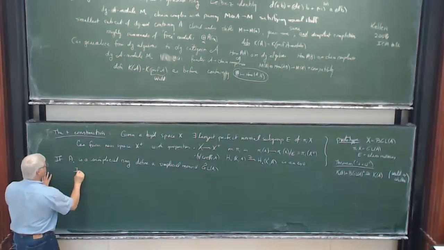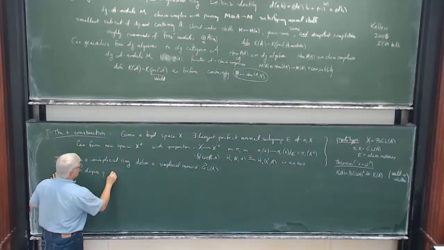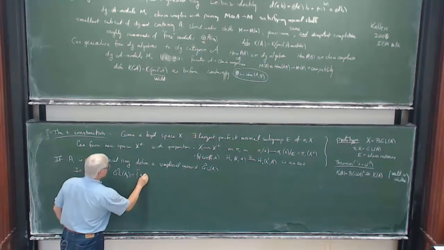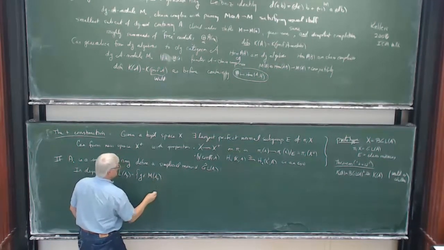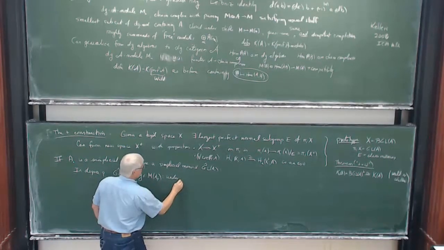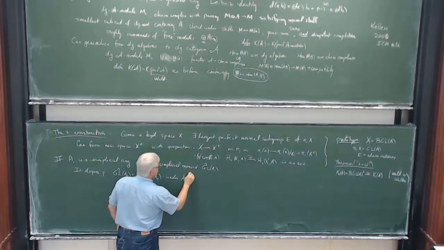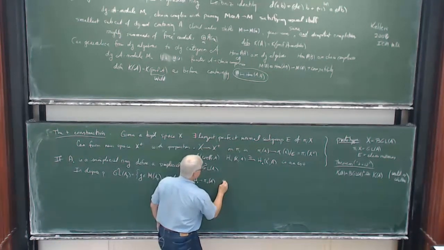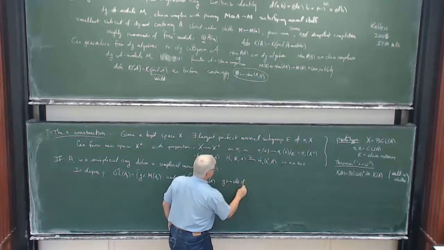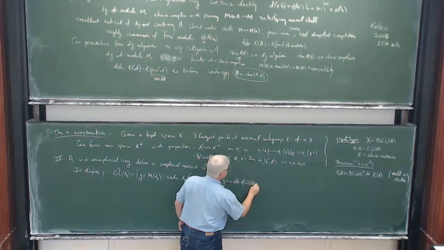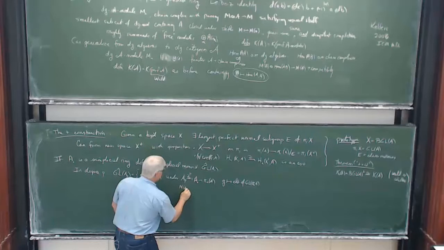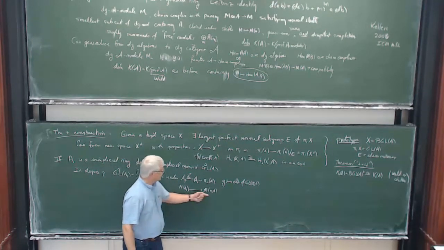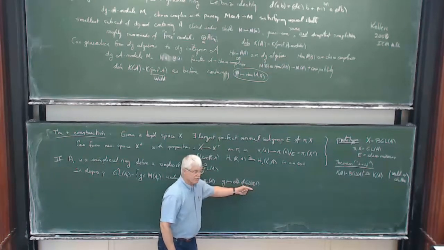So in degree P, GL hat of A sub P is the set of all elements G in matrices over AP with the property that under the map from AP to A0 to pi naught of A, the image of G is an element of the general linear group of pi naught of A. So if you have this map, then you get matrices over AP going to matrices over pi naught of A. This element that you started with a priori is just a matrix, but I want to say that matrix is an element of the general linear group.